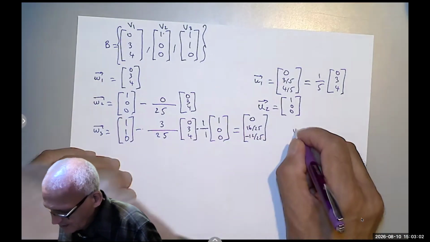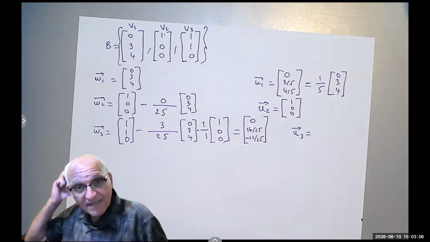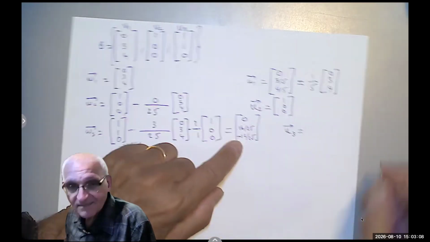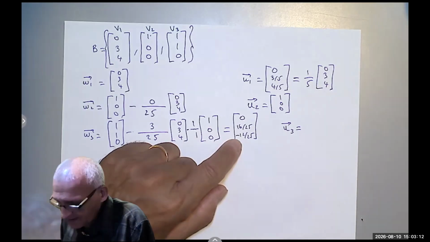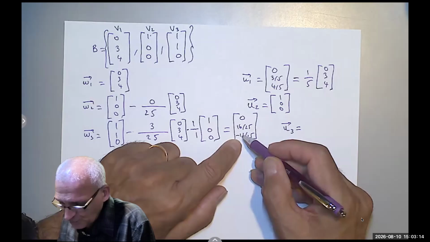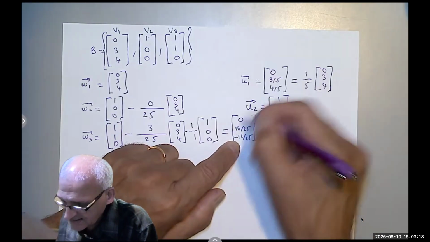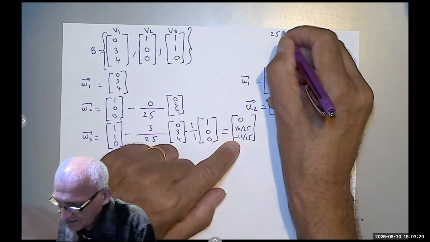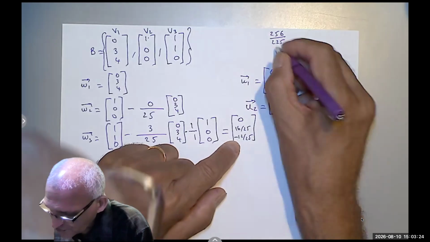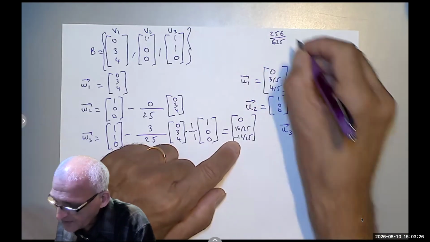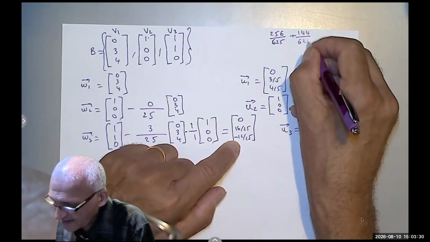So U3 equals. Well, what is the magnitude of that? The magnitude of that is 4/5. How do I know? Well, do you see that I have 12 and 16? So I can say 16 squared over 25 squared plus 144 over 625.